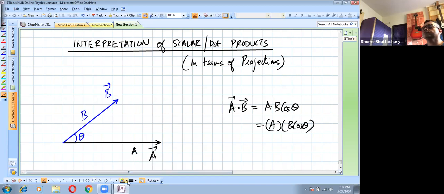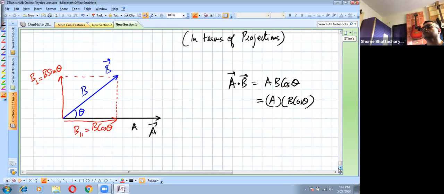Now if you simply drop a perpendicular from B onto A, as if A is your x-axis, you can see that this component of B is nothing but B cos theta, and similarly this component of B is nothing but B sin theta. So we can think of this like a component of B parallel to it and a component of B perpendicular to it. So they are projections.